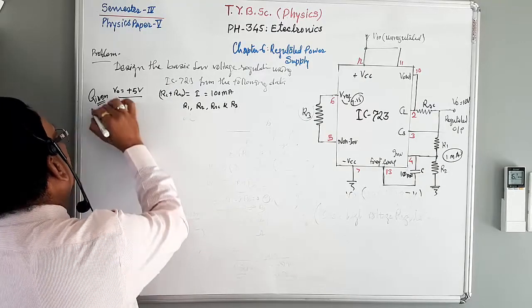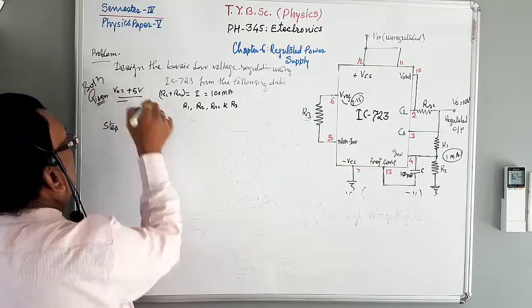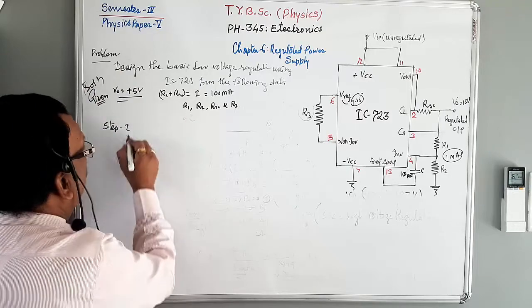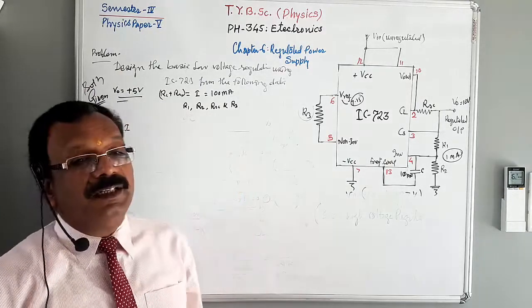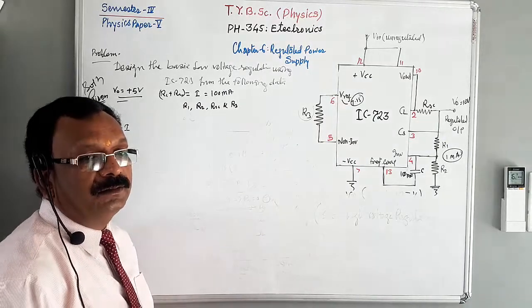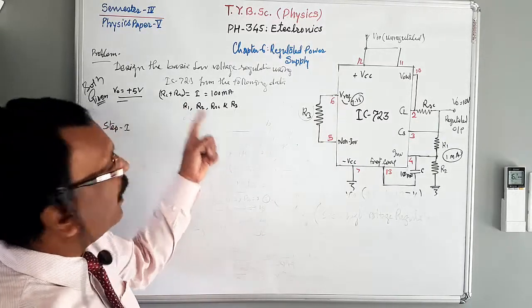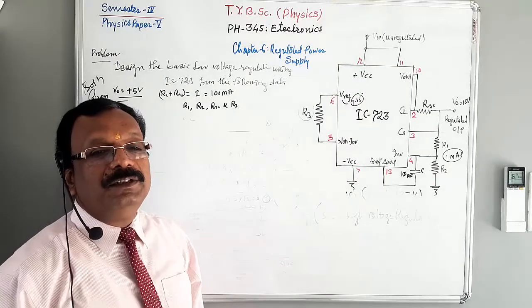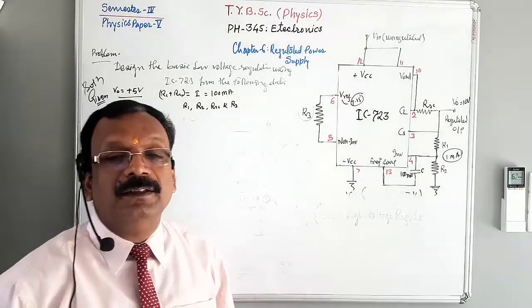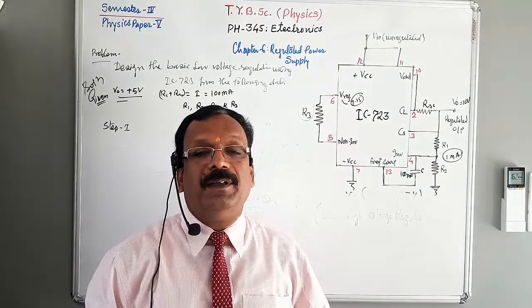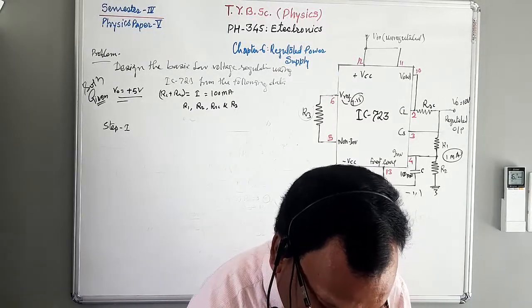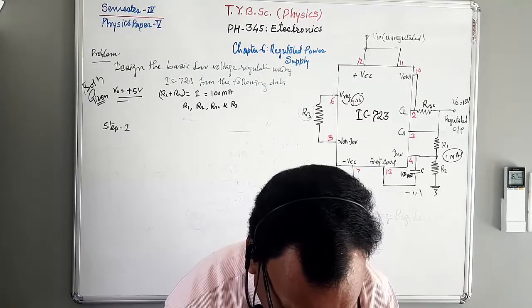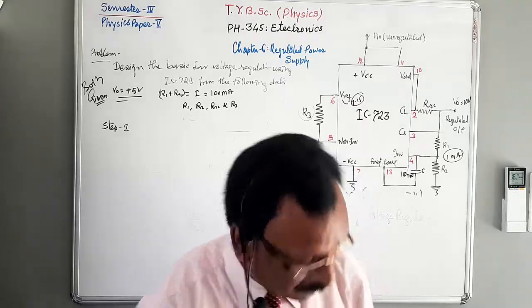So first step, in the solution, this is the given. In the first step, what do we have to do? If the current flowing through the resistor R1 plus R2 is equal to I is equal to 1 milliampere. Just a minute, I want to check the problem. Okay, good.